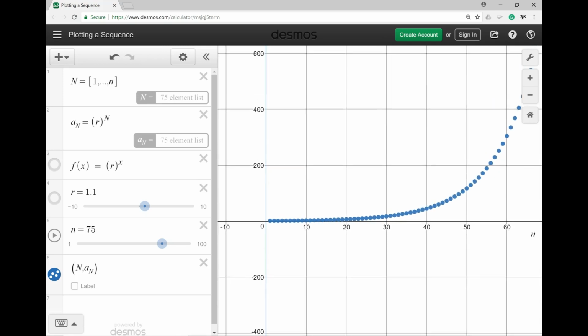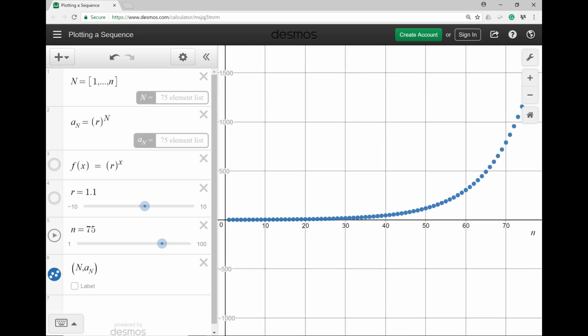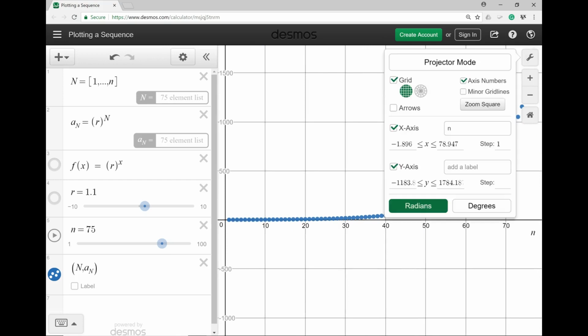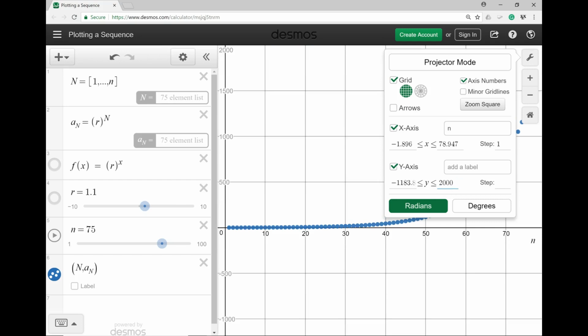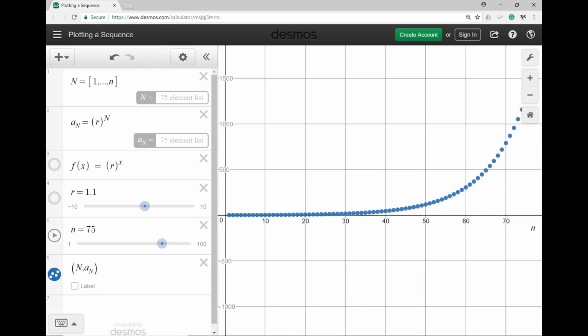Again, I'm using my fingers to zoom out here, but you could use the little gear and make this go up to like 2,000 if you wanted to. Okay, so we can clearly see that the terms of this sequence increase without bound, and so this particular geometric sequence, when R is even just 1.1, just slightly bigger than 1, ends up diverging.